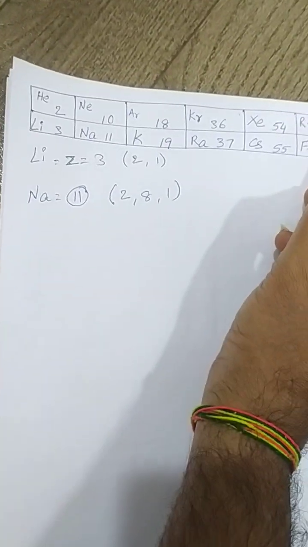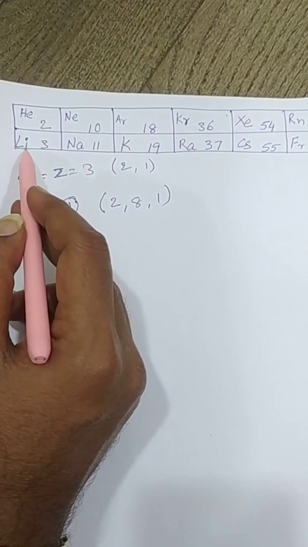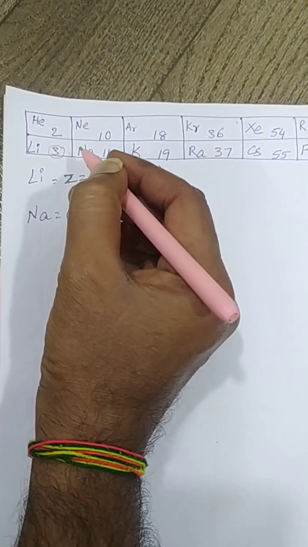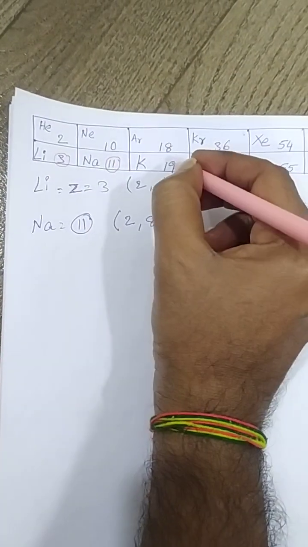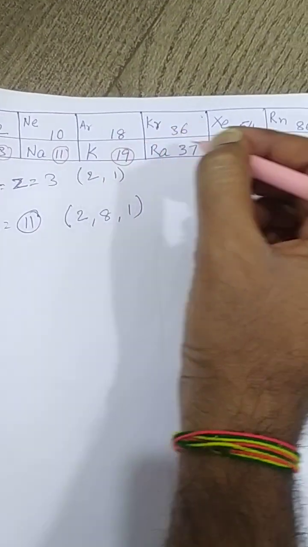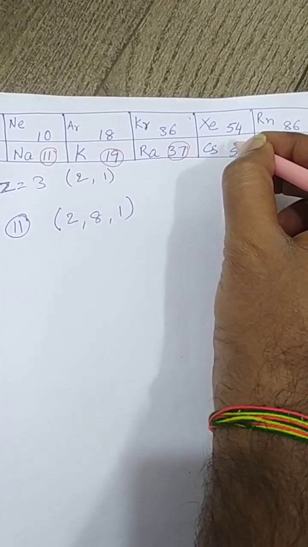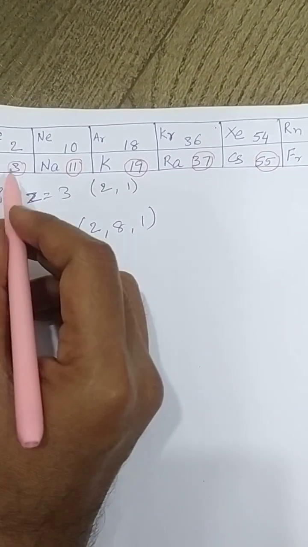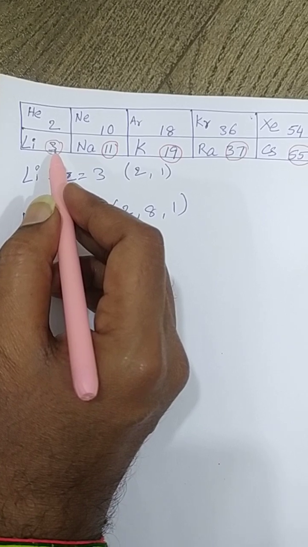Now see the numbers for the alkali metals: the next one is lithium, number 3, then sodium 11, potassium 19, rubidium 37, cesium 55 and francium 87. These all have an atomic number just one greater than the inert gas.